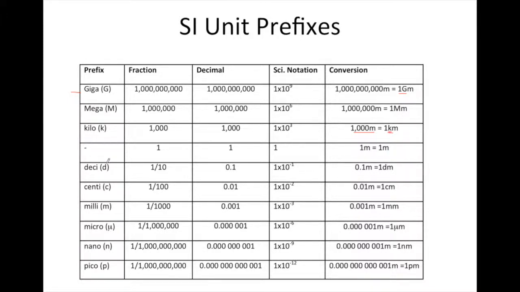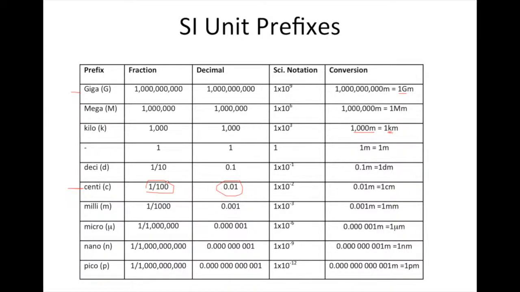Now we also have some SI unit prefixes that indicate fractions. Let's take a look at a couple of these. The prefix centi, which is abbreviated with a lowercase c, is 100th of that SI unit. We could express it as a fraction, 100th, but more correctly, it's going to be expressed as a decimal.